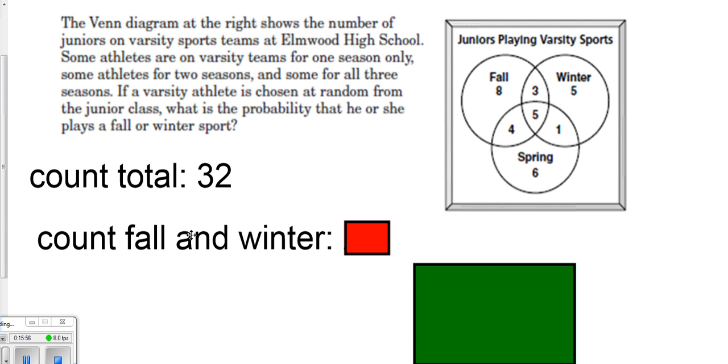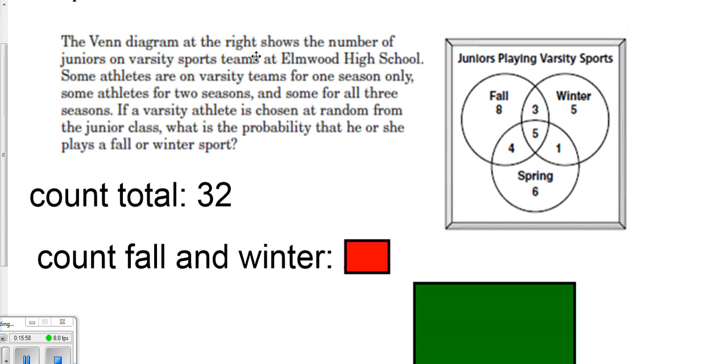Now we need to count up just the fall and the winter. Because it just says fall or winter, we would just add up all of these in the 2 circles. So 8, 4, 5, 3, 1, and 5. We make sure to hit all of these numbers because these are the ones that are in all of the fall, all of the winter. We're just including everything.